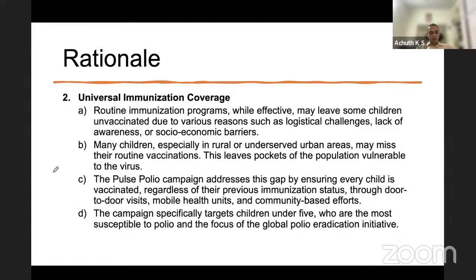If the child had been brought to the hospital, then the parents would have lost their daily earning. That was the socio-economic barrier, which was the major hindrance for children to get vaccinated.